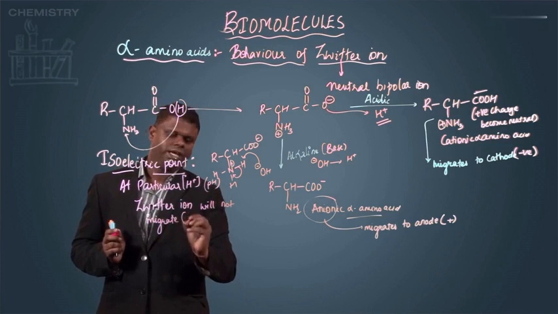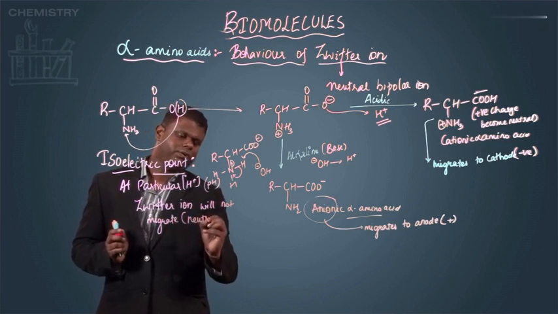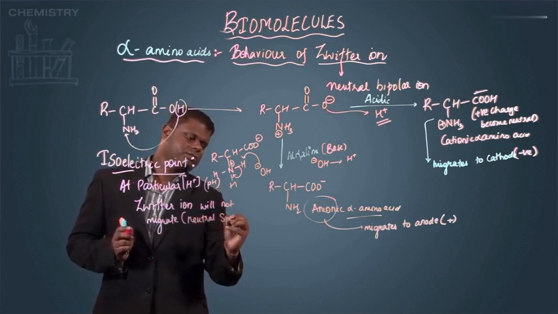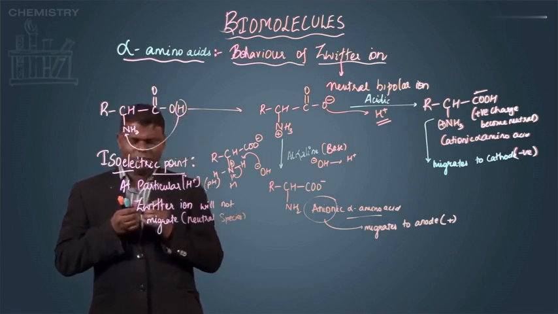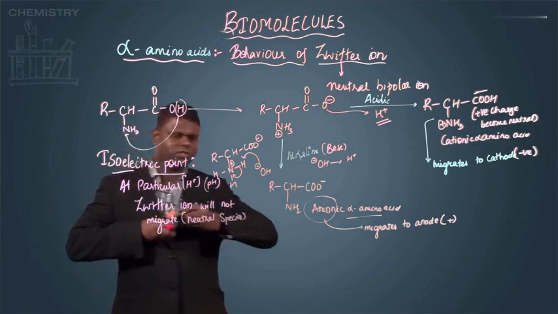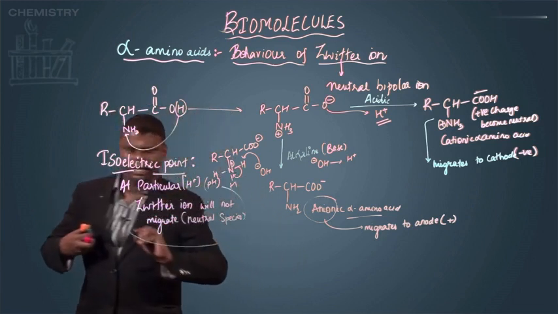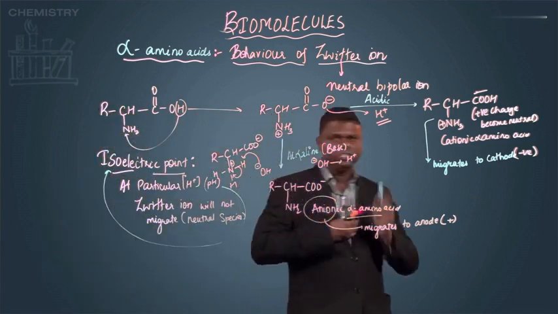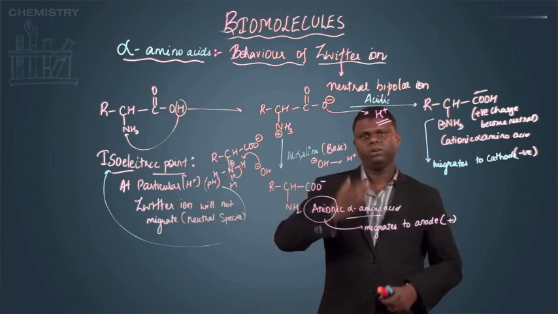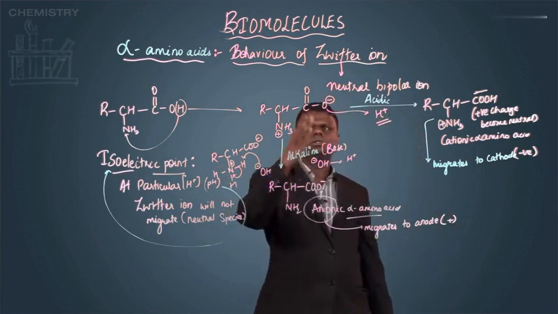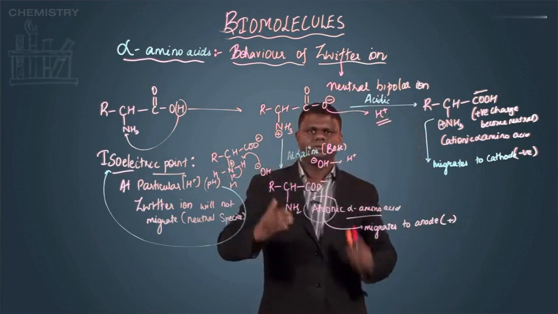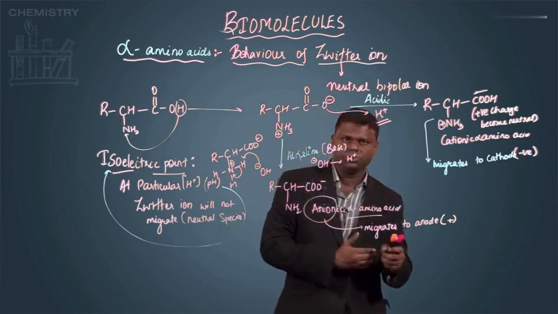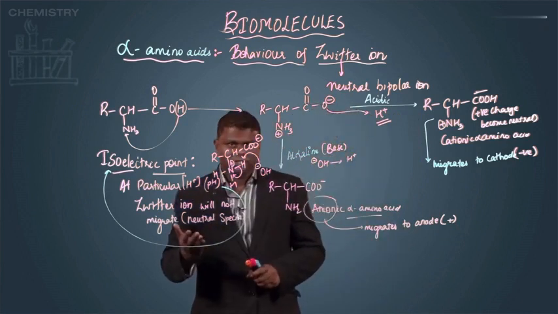That means it will behave as a completely neutral species. This particular pH is called the isoelectric point. So the isoelectric point is dependent not only on the H plus ion concentration, but also on the number of NH2 groups and the number of COOH groups which are present.